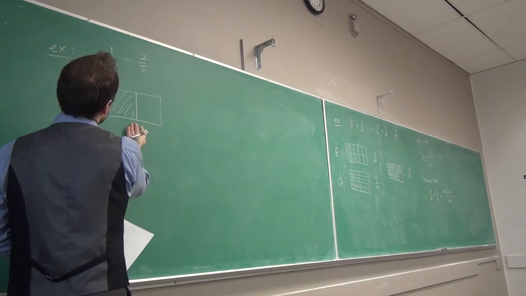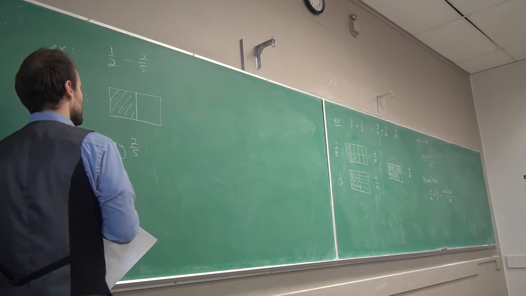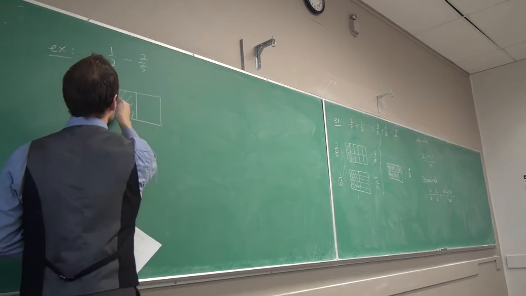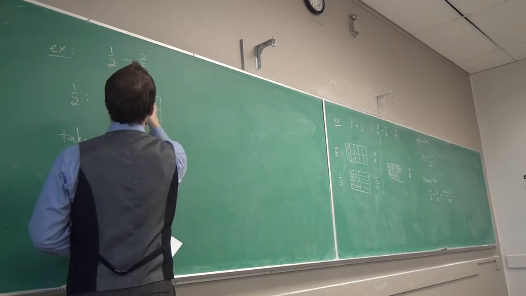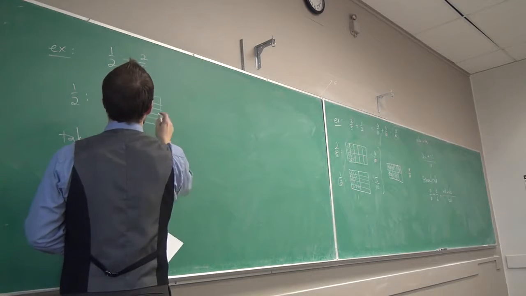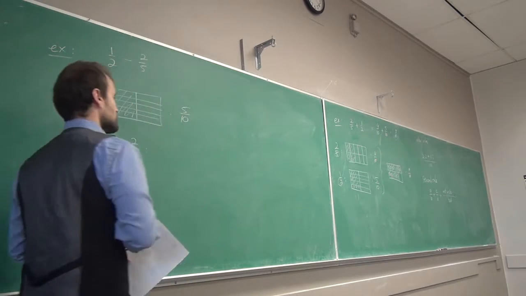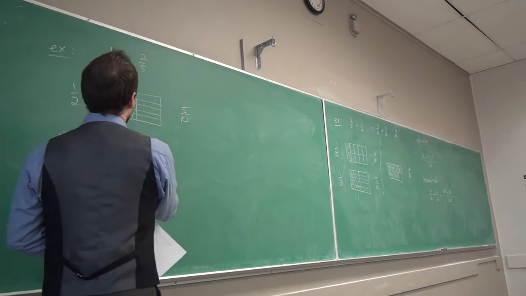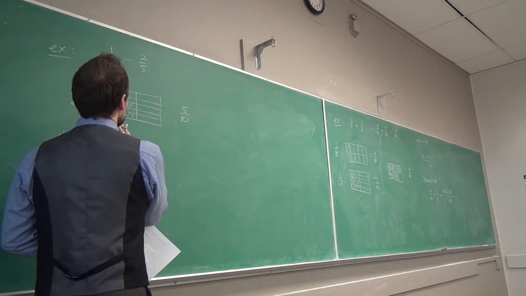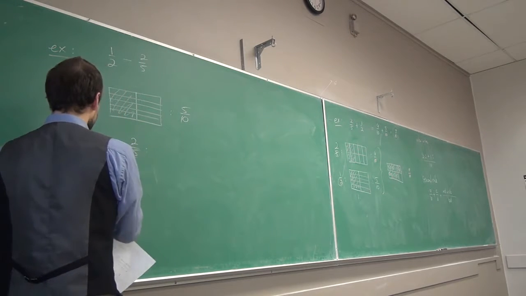But how do I see 2/5 here? I need a common denominator. So again, I'm taking this 5, splitting it up sideways to create 5 tenths.